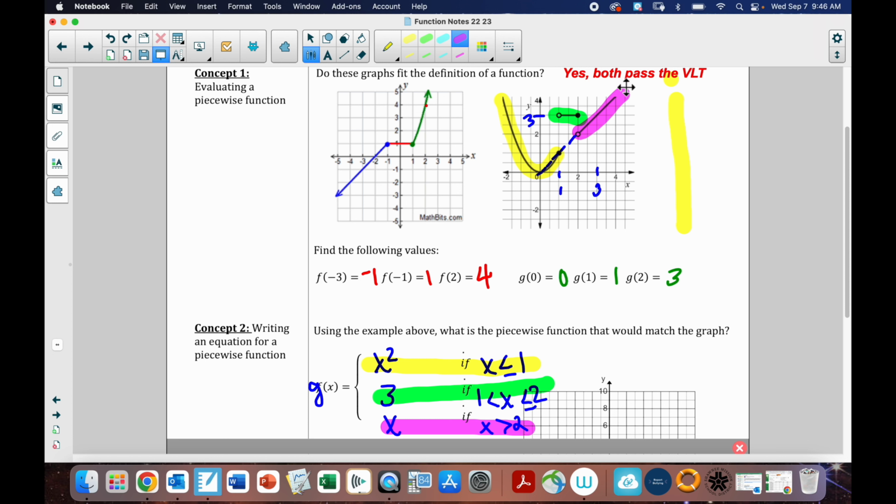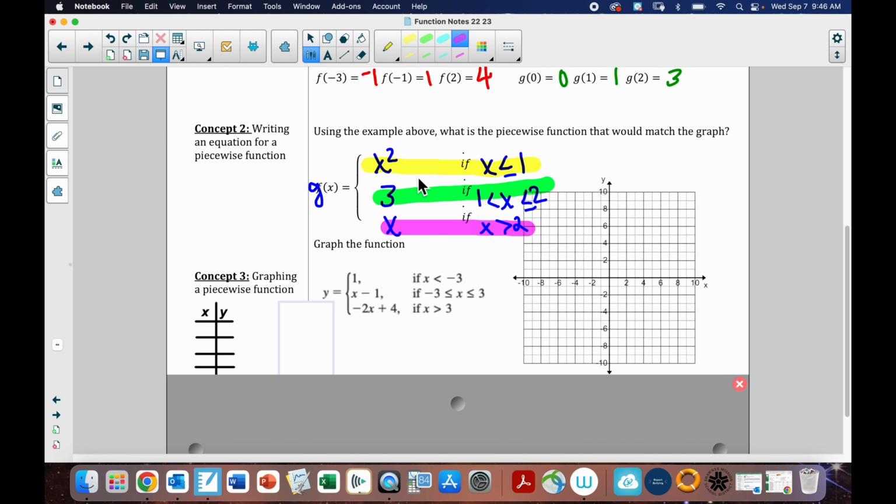And it's just an x, like 1x plus 0, when x is greater than 2. So this is a function that would match this piecewise. You ought to be able to look at a graph and come up with piecewise equations to match it. And we'll do some more practice on finding the equations like that in class. So if you're feeling like you're not really there yet, that's okay. We will work on it together.